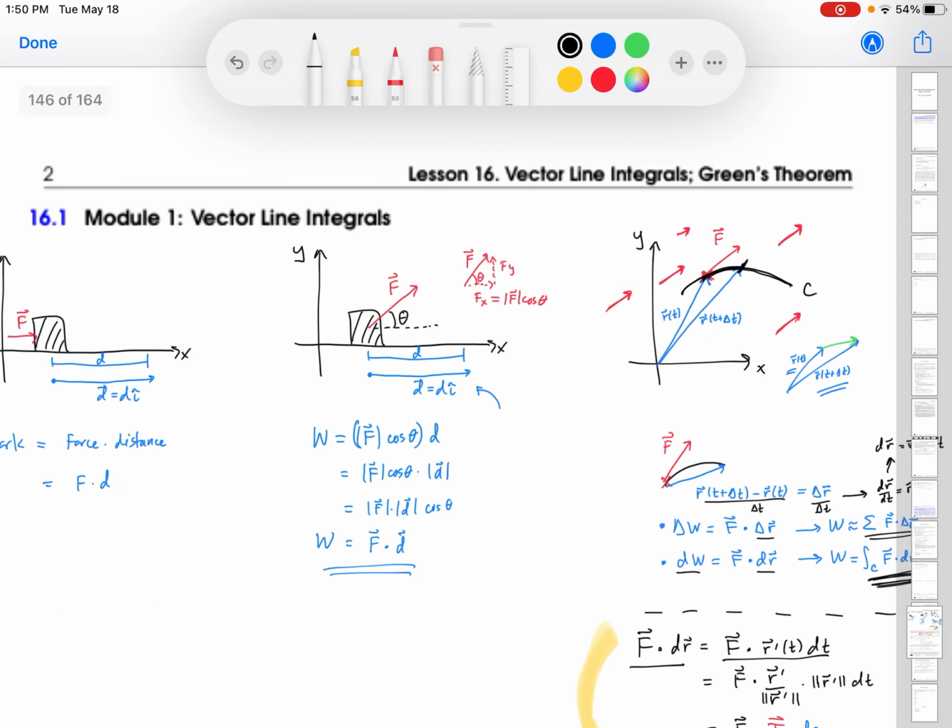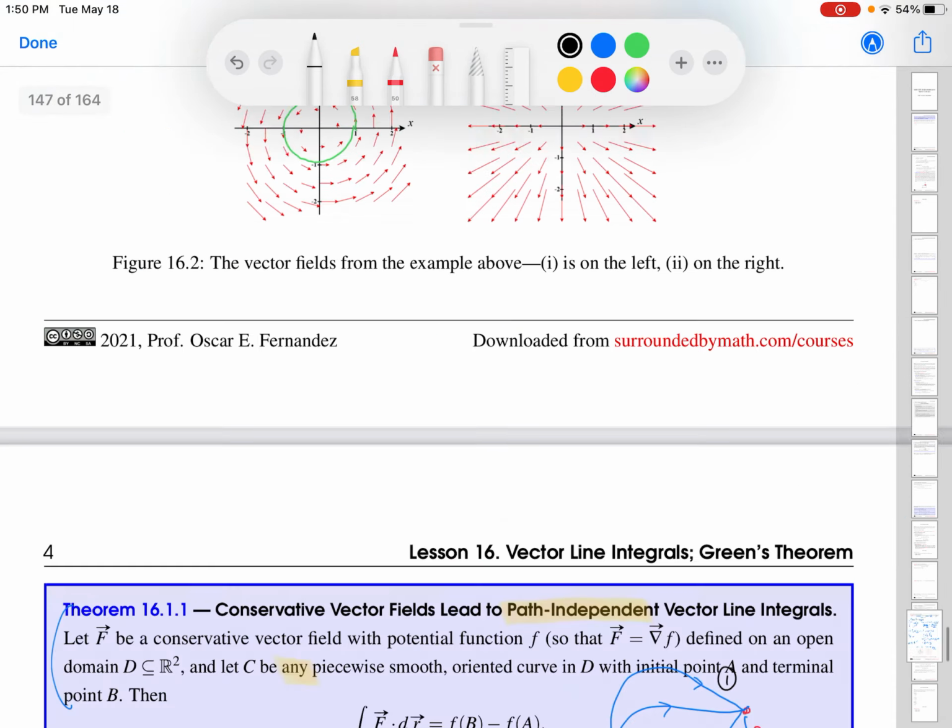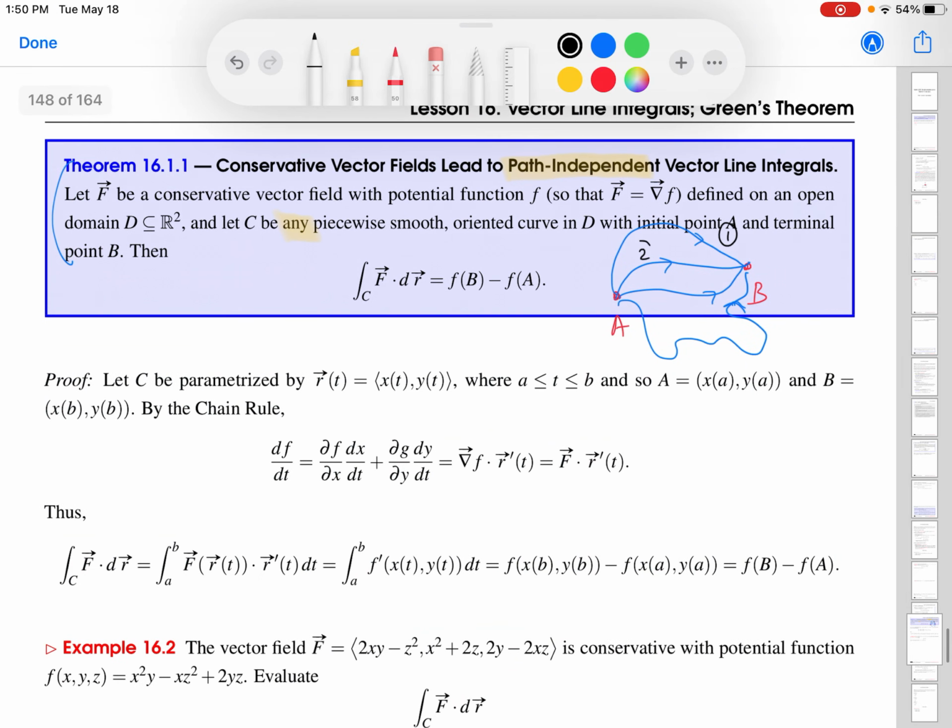Oops, sorry. And then I would calculate across the second curve another vector line integral, and then another one, and another one. What this theorem tells us is that all those line integrals and all the other ones will equal the same thing: the difference in the outputs of the potential function at B and at A.